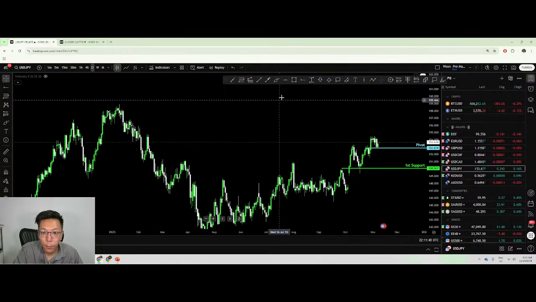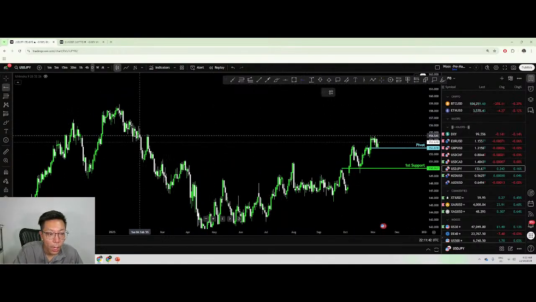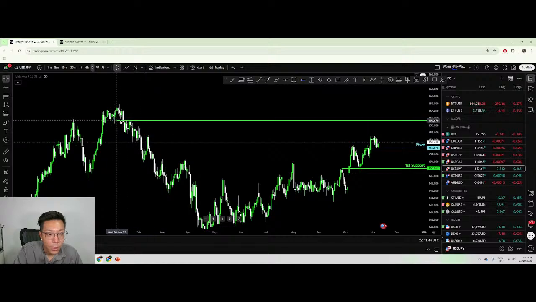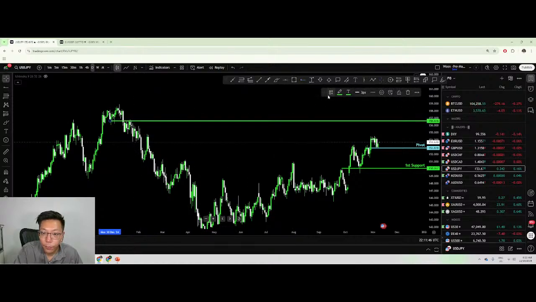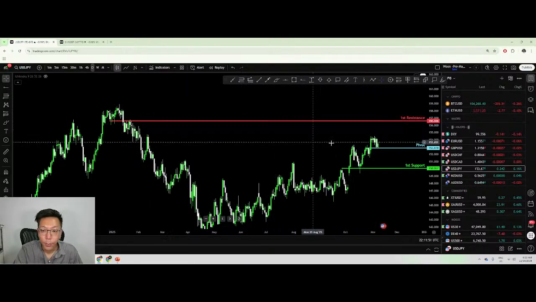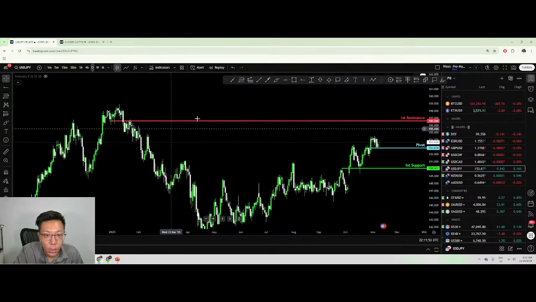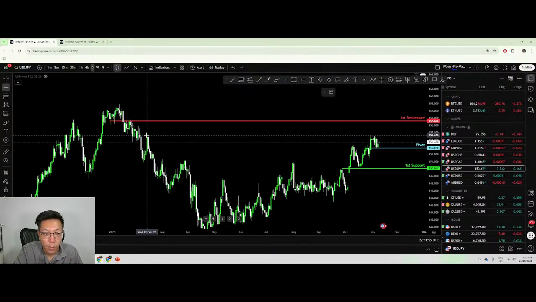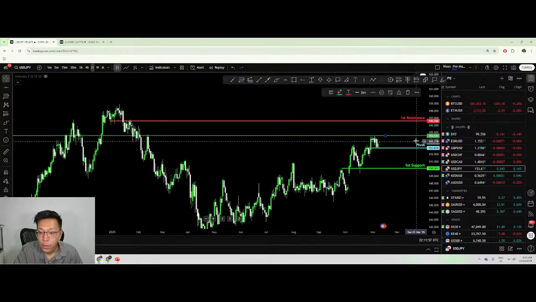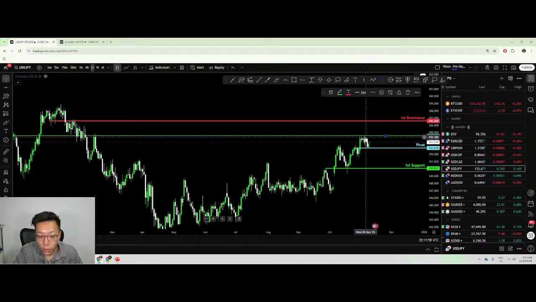Then of course for my first resistance, I will look at this ultimate level over here, because this level will soon be taken out by price.